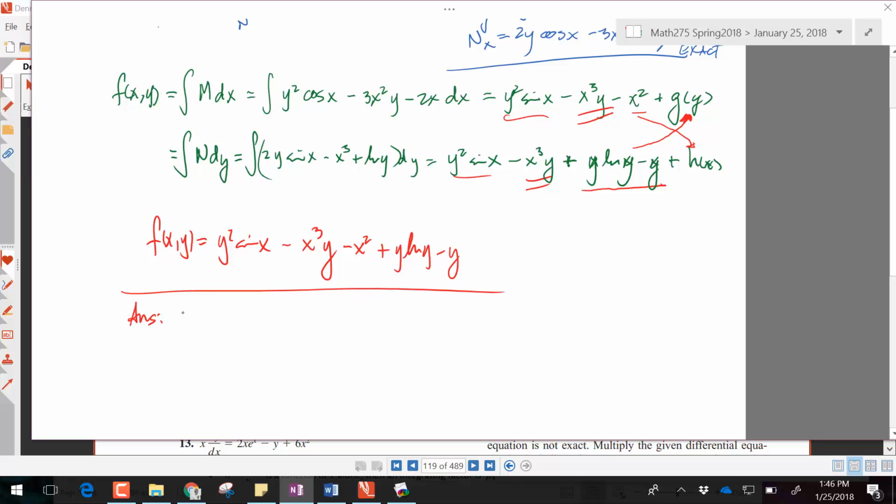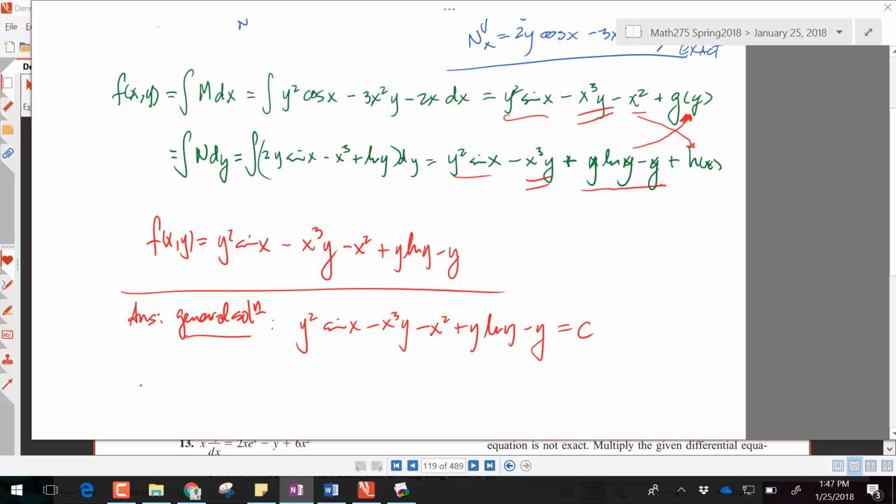So let's say general solution, because we have a particular solution, we have an initial condition that we'll plug in, but for now, let's just say our general solution is y squared sine x minus x cubed y minus x squared plus y ln y minus y equal to a constant. Remember, we're starting off with this thing equal to a constant, and then we took the differentials and we had that equal to 0 in our differential equation.